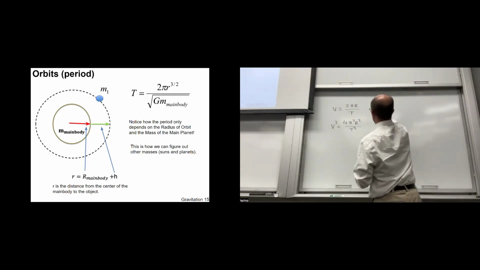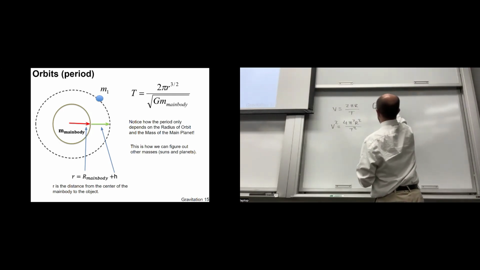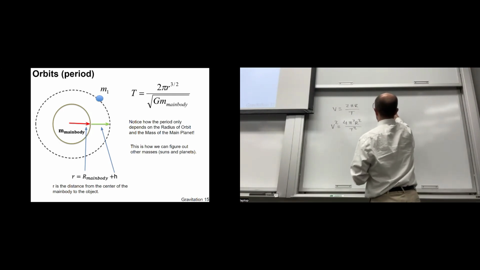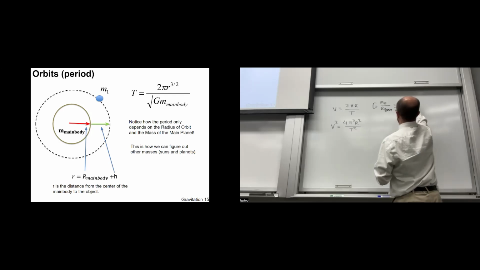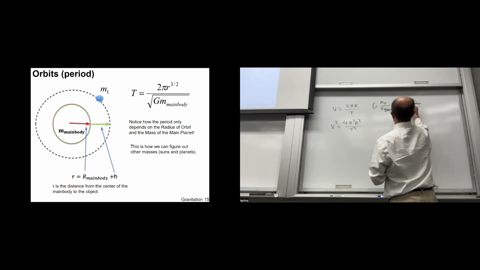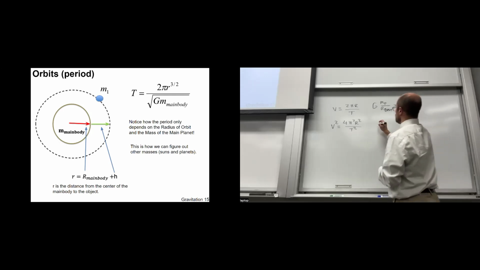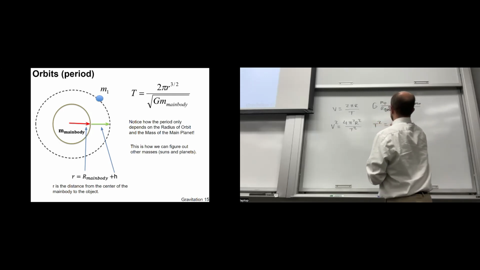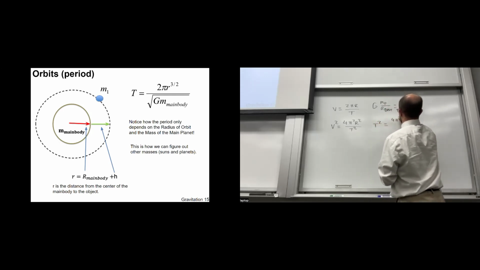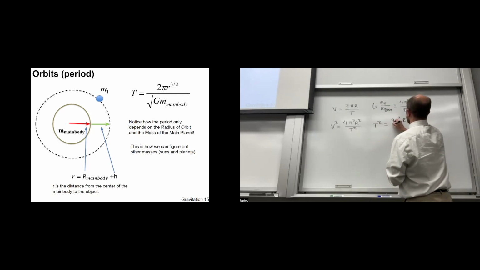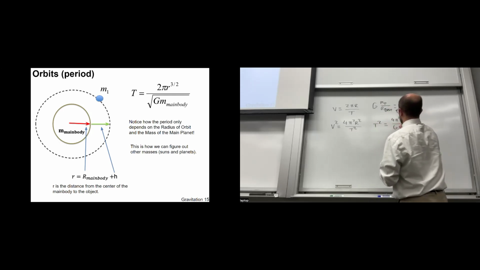And we can say big G, mass of a planet, over r of the orbit is equal to 4 pi squared r of the orbit squared over t squared. Now we can solve for t, and t squared is 4 pi squared r cubed over big G mass of the planet.